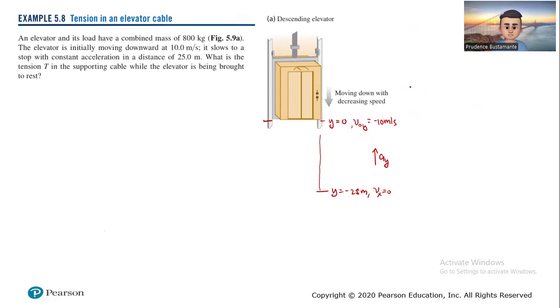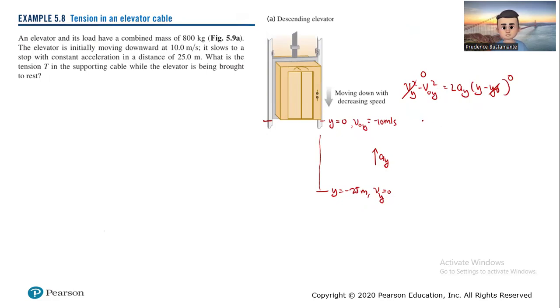To calculate the acceleration, we can use the kinematics equation: v sub y squared minus v sub oy squared is equal to 2 times a sub y times y minus y sub o. Here your v sub y is equal to 0 and y is negative 25 meters.